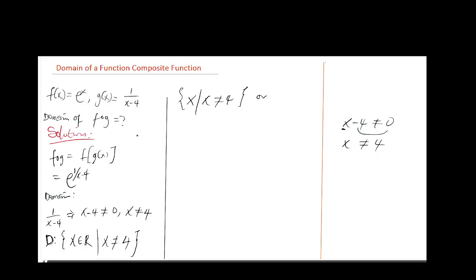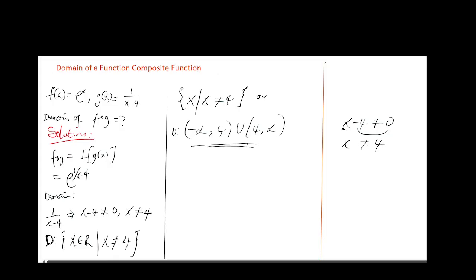Now, writing in interval notation, our domain will be the set of all real numbers from negative infinity to 4. Remember, 4 is not included, so we are going to use parentheses, union 4 to positive infinity, and that is all.